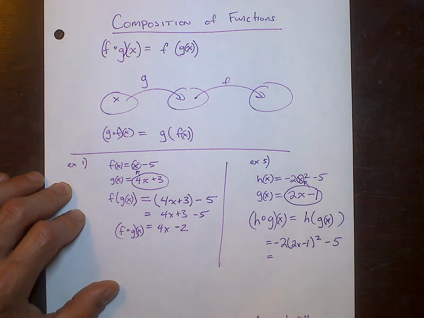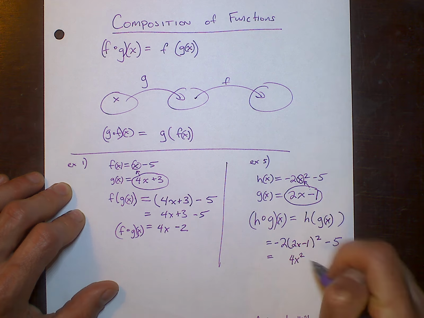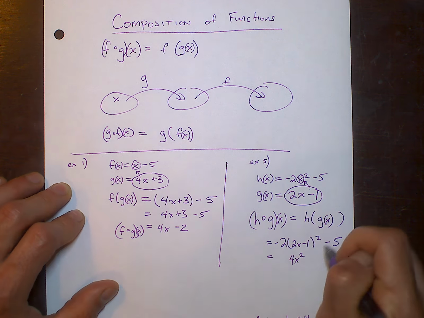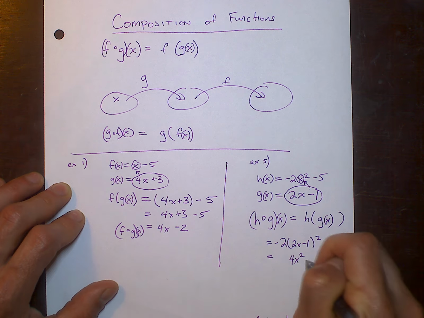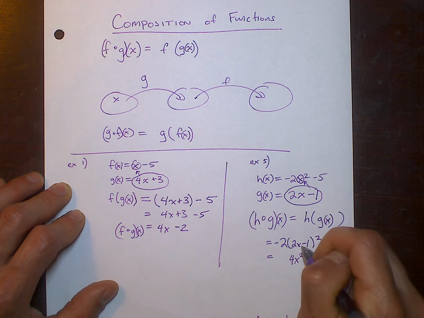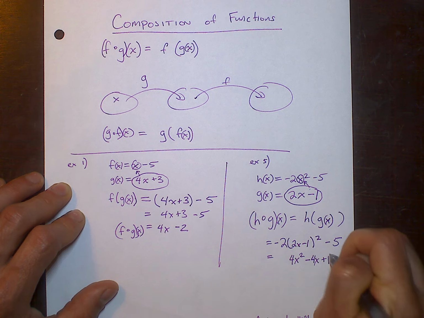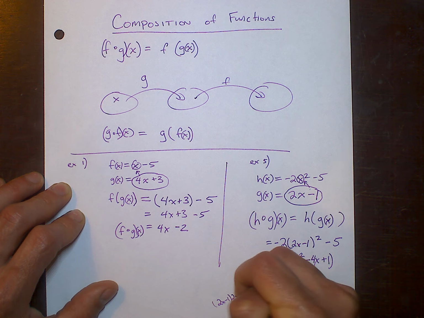Okay, then we'll just follow the steps of order of operations. I'm going to square the binomial, 4x squared. Outside product is negative 2x, inside product is also negative 2x, so that combines to minus 4x, plus negative 1 times negative 1 is 1. What I did there was 2x minus 1 FOILed out.